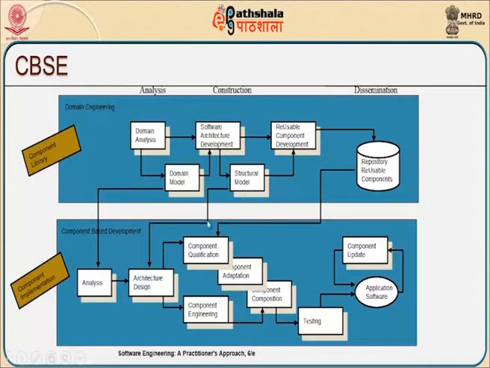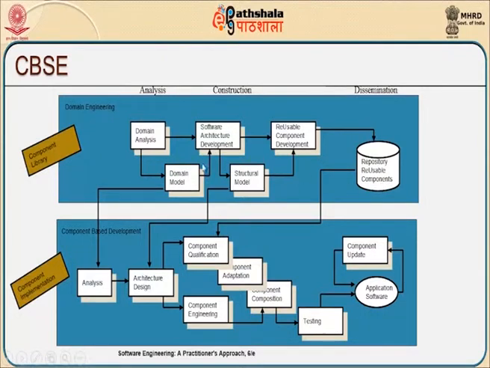We will start from the analysis, create a domain model, create an architecture diagram, and have component qualification, which is directly updated in a repository of reusable components. If you look at conventional domain engineering, it has domain analysis, software architecture development, reusable component development and a repository of reusable components.